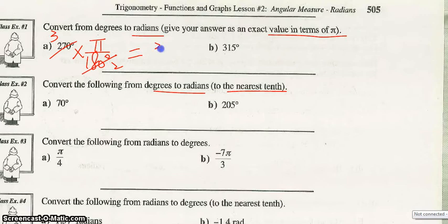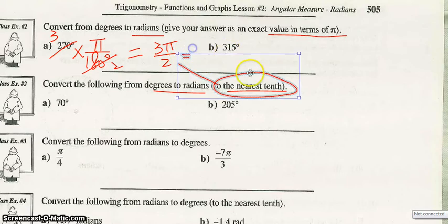So the answer is just 3 pi over 2, right? If the question says write it as the nearest tenth, then you put it in the calculator. 3 times 3.14, so 9 point something, divided by 2, so it's about 4.7, right? So that will be your nearest tenth. Usually if it can be in pi, then you write it as a pi.